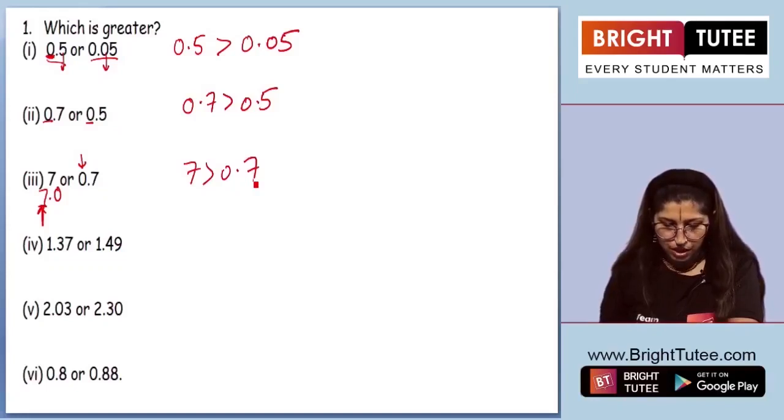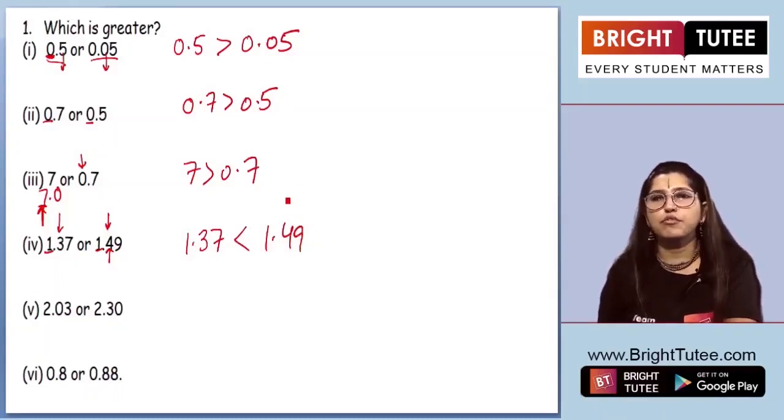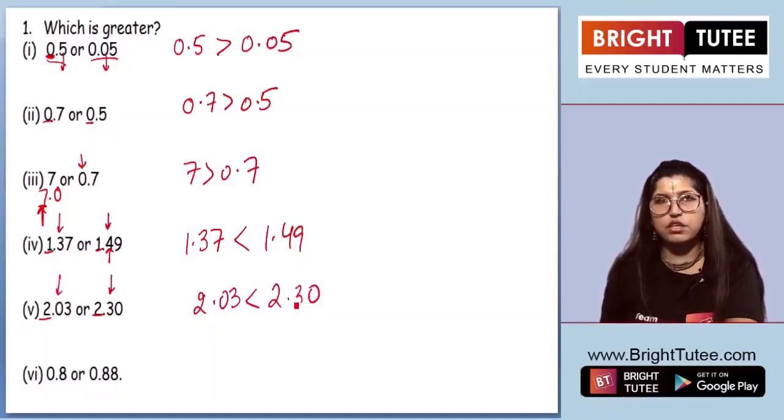Let's move on to another part. We can see that one is exactly the same, and it's 3 and 4. So we can say that this is greater. So 1.37 is less than 1.49, or 1.49 is greater than 1.37. Doing the same thing over here, we got the same 2. Here it's 0, it's 3. So we can say that 2.03 is less than 2.30.